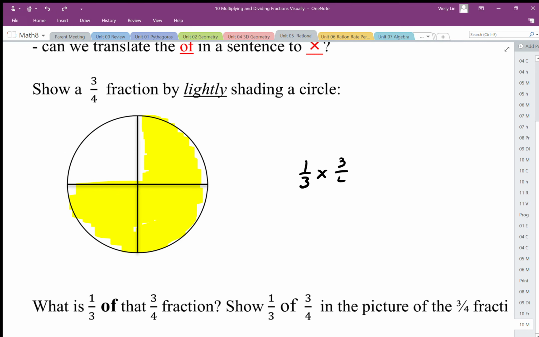Okay, another way we can look at 1/3 of 3/4 is we can take 1/3 of each of these slices.